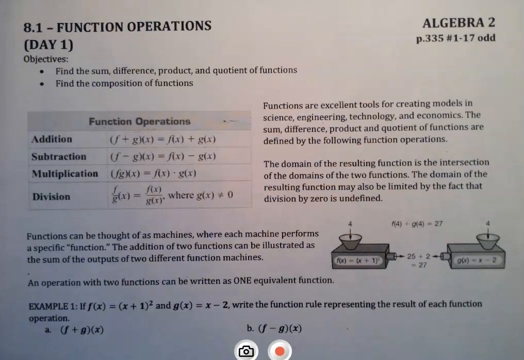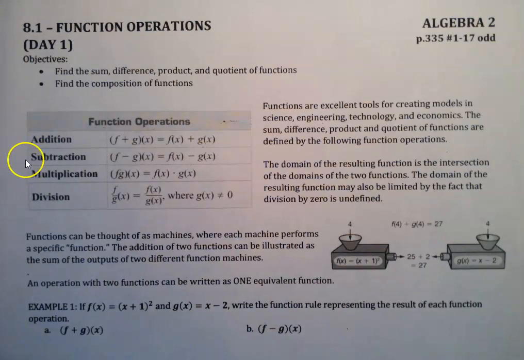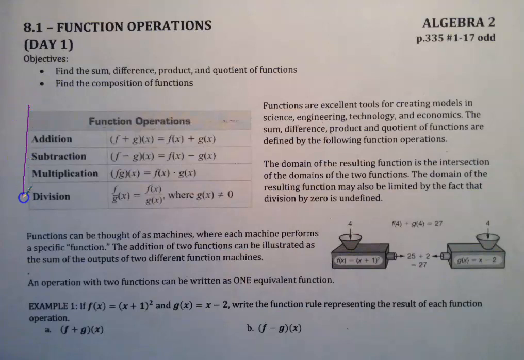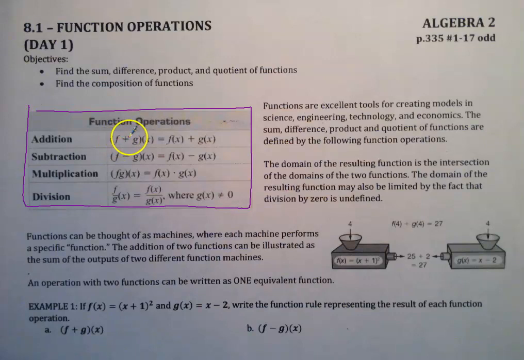All right, so first up, if we look at this table, it kind of tells us all of our function operations. So if we see f plus g of x, that means we're adding two functions together. It's just saying we're going to do f of x plus g of x.